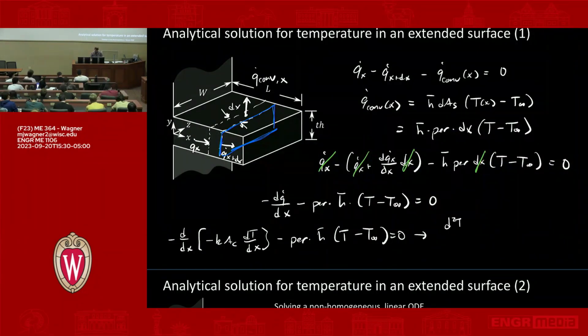d squared T/dx squared minus perimeter h bar over k Ac times, let's see, I'm going to run out of room, times T, I'll do this, okay, T is equal to, now on the right-hand side, we have another, sorry, I have to make some more room here.